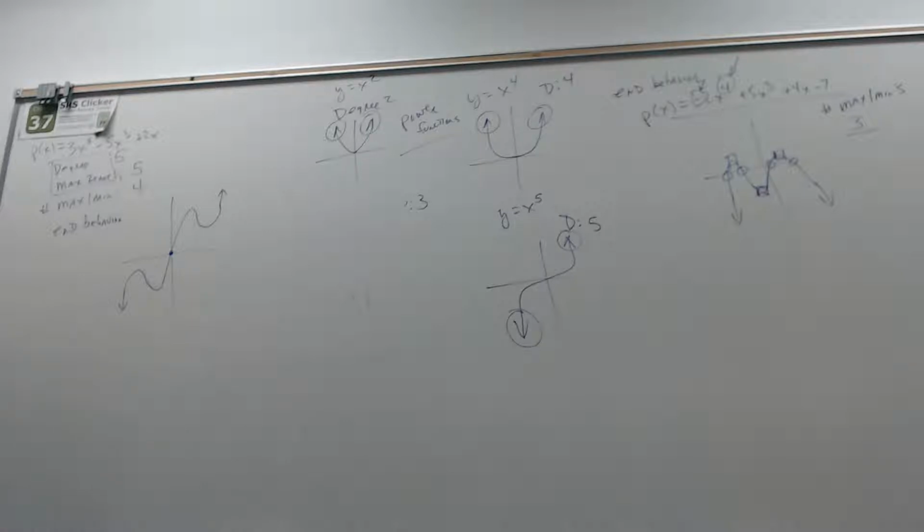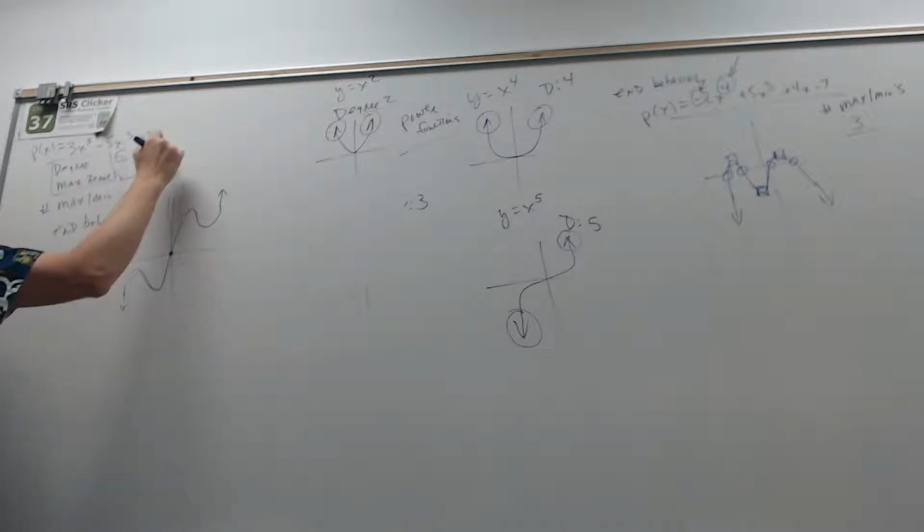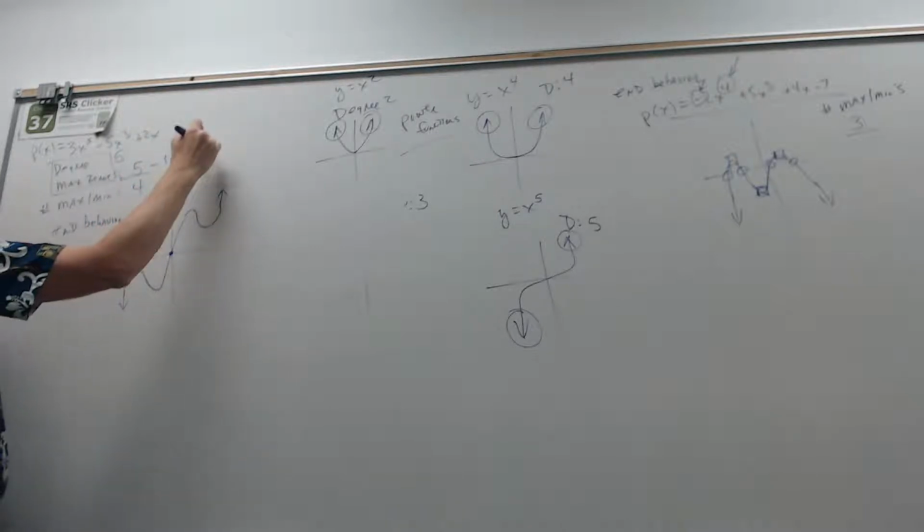Okay. How many imaginary zeros do I have? Probably a lot. We've got 4. So we could have 5 maximum zeros. In this case, we have 1 real and we have 4 imaginary.